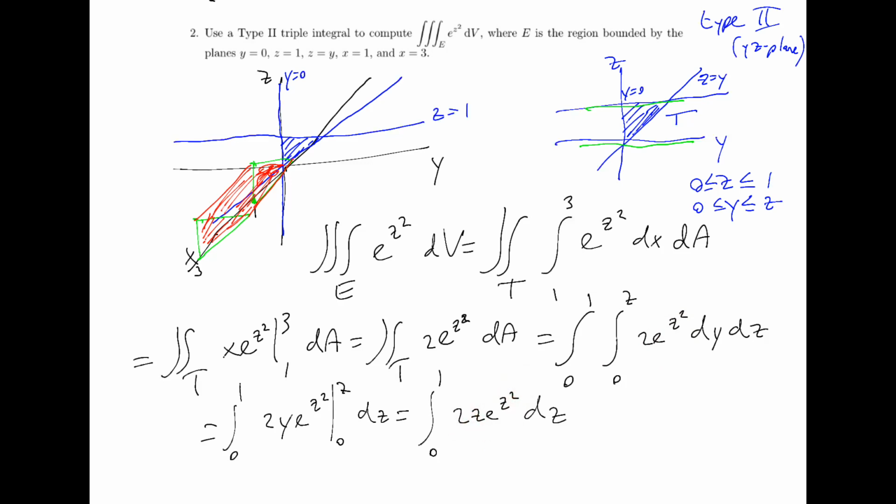You can use substitution, or it's also okay to directly see that this is just e to the z squared between the boundaries 1 and 0. If I differentiate this, I get e to the z squared, and by the chain rule I get a 2z. So that's exactly that. Which is e to the 1 minus e to the 0, so the final answer is e minus 1.